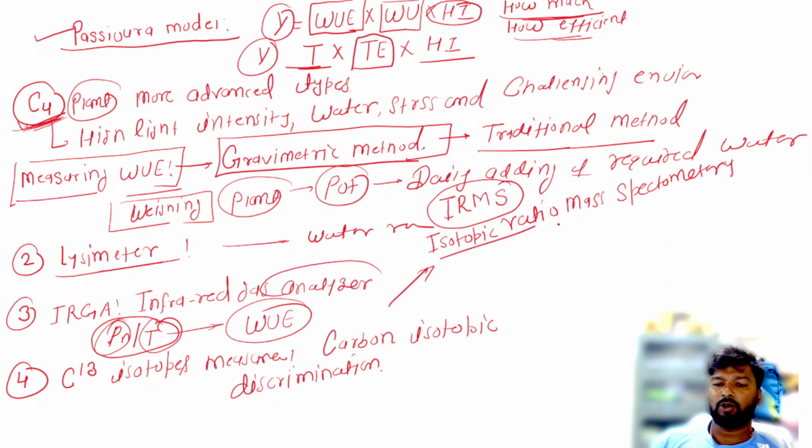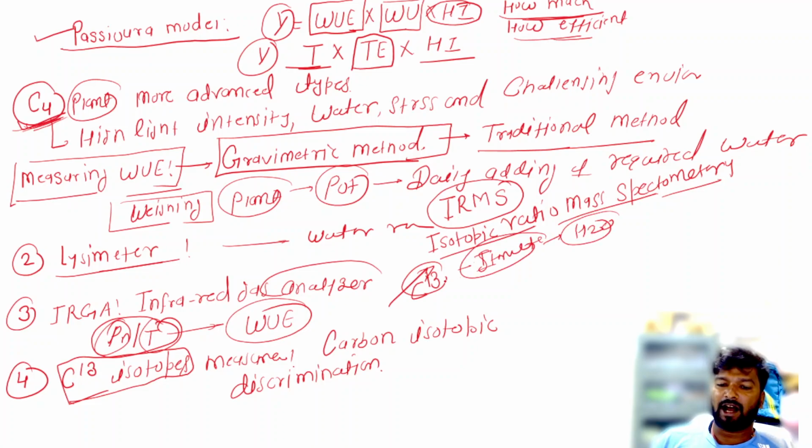So the isotopic ratio mass spectrometer is used for the measurement of carbon isotopes, and you know that carbon dioxide is diffused by the stomata and simultaneously H2O diffuses out. So the carbon isotope concentration determines the water use efficiency.